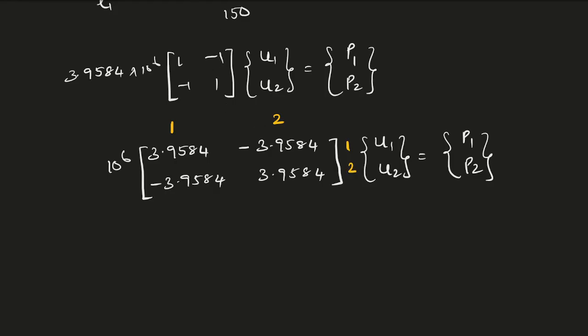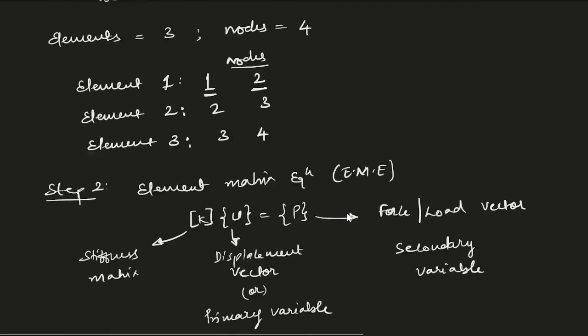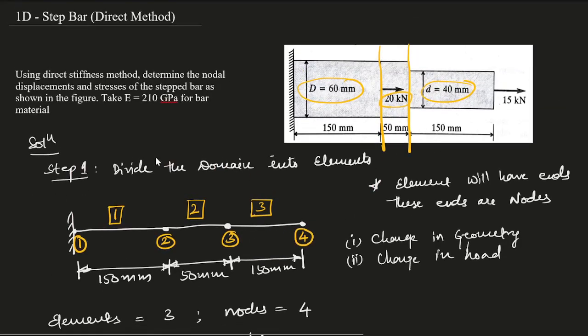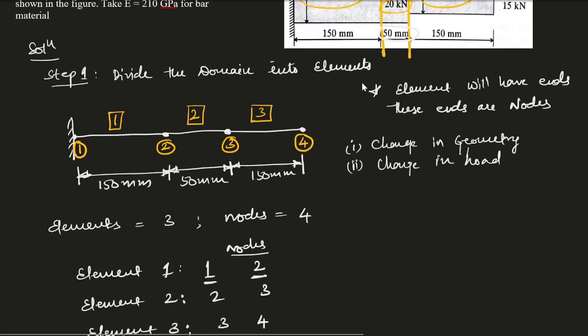Okay, so now element 2. In a similar manner, we have to find out for element number 2 as well. For element number 2, we have L2, it is 50 mm, and what else we have? The diameter. Here the diameter will be the same. The L will be changing, it is 50 mm, but the diameter will be the same because it was of the first element only.